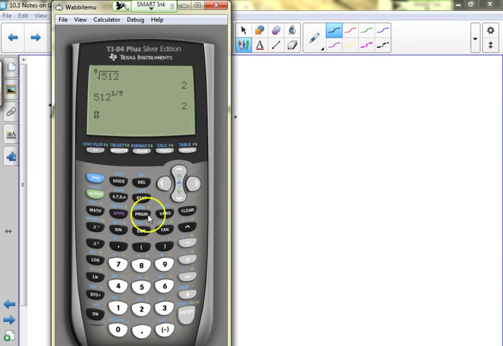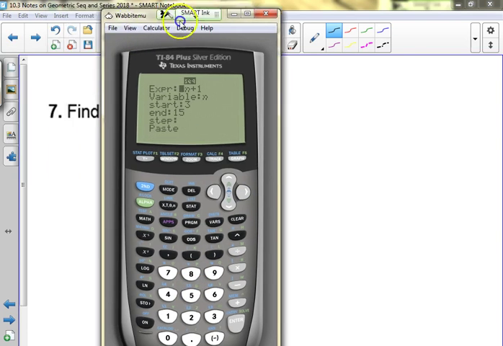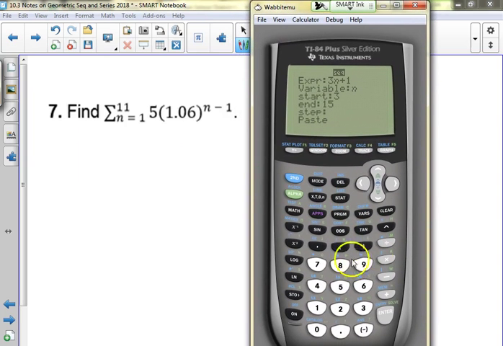I'm going to pretend I don't have that nice calculator because I want to practice where all these buttons are. The sum of the sequence. Second stat, arrow to the right twice. 5 parenthesis 1.06 close parenthesis to the n minus 1.